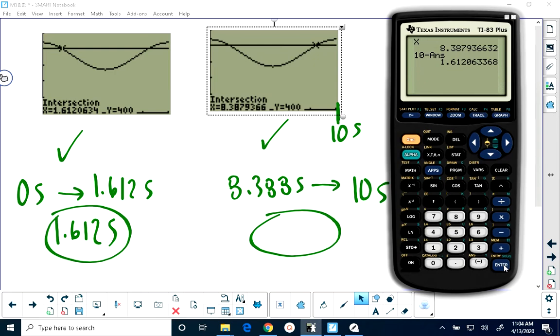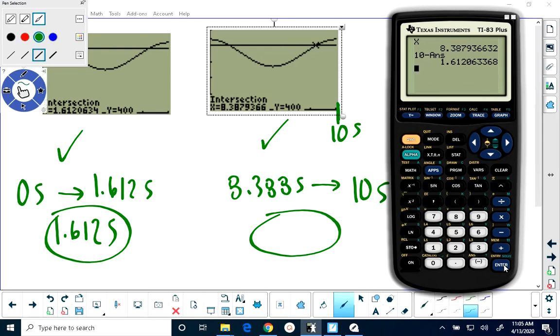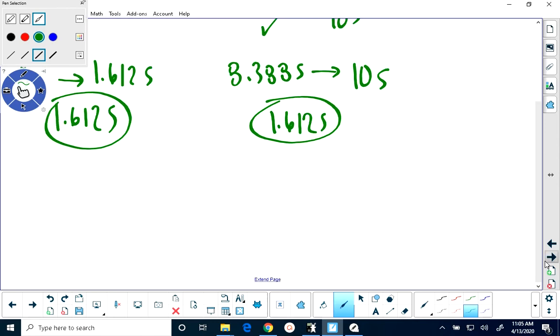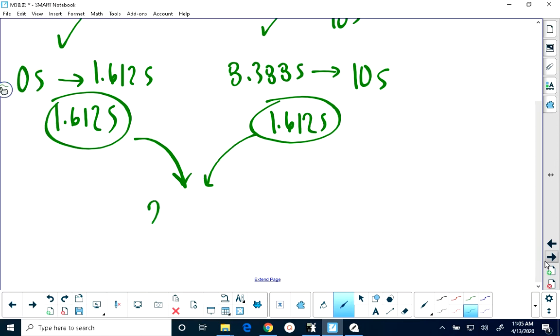There's a symmetry to this function, 1.612 seconds. And that means in the whole 10-second interval, I can hear for 2 times 1.612 seconds, which is 3.224 seconds.